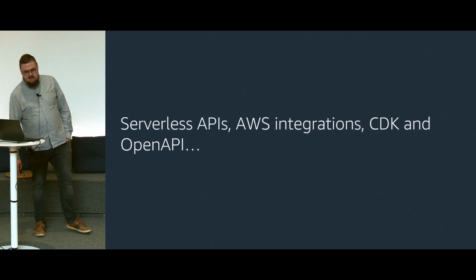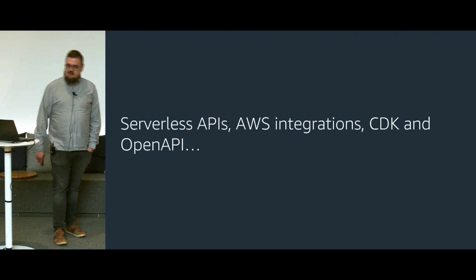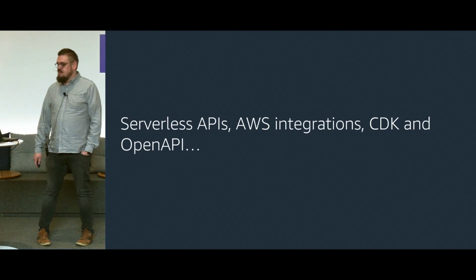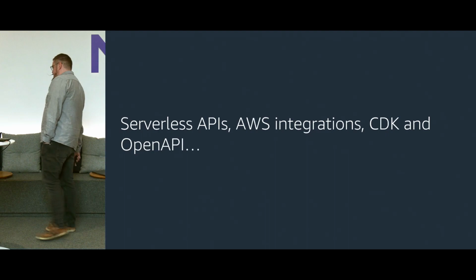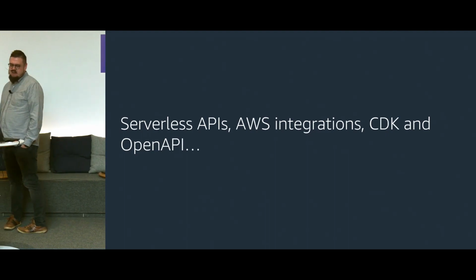So we like to do a lot of serverless APIs with direct AWS integrations, and we're using CDK. But also we're big fans of OpenAPI, and with CDK and OpenAPI, it's a bit of a challenge sometimes.